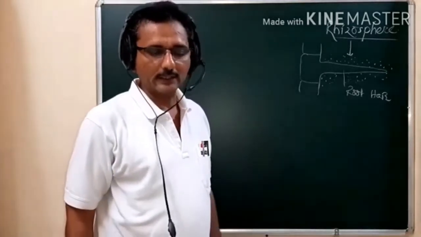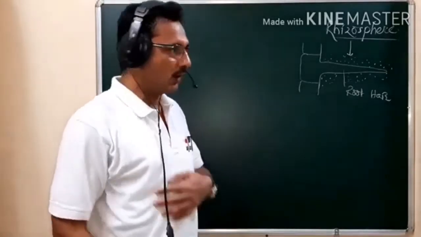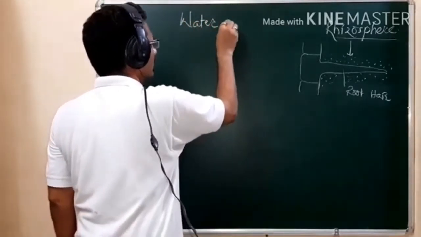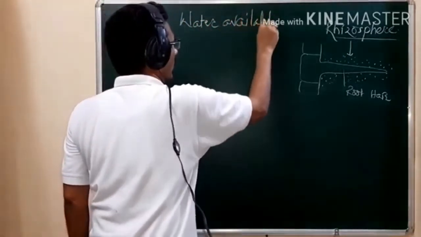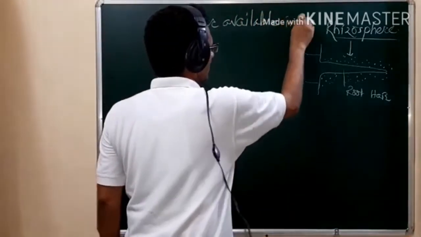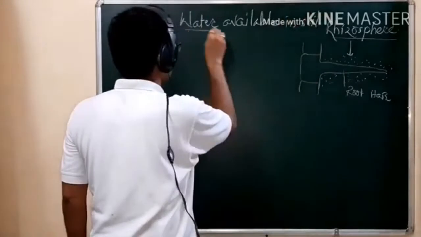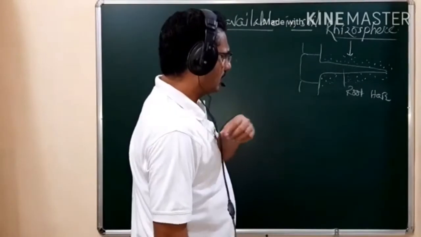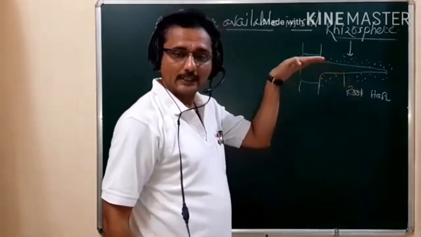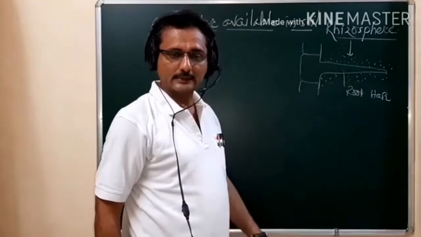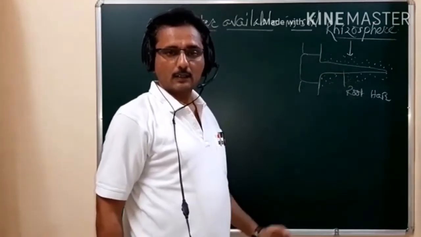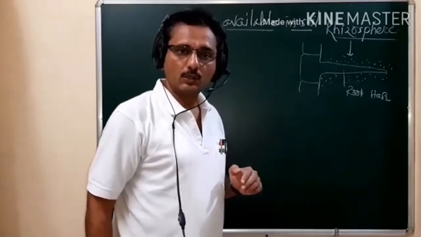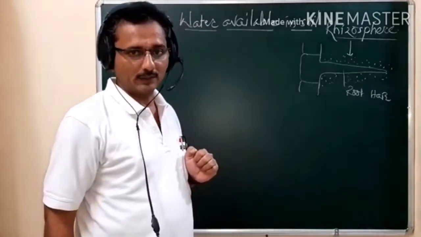The root hair is inserted in the rooting medium, or the soil, and absorbs the water from that soil. But the question arises, student, what type of water do they absorb?